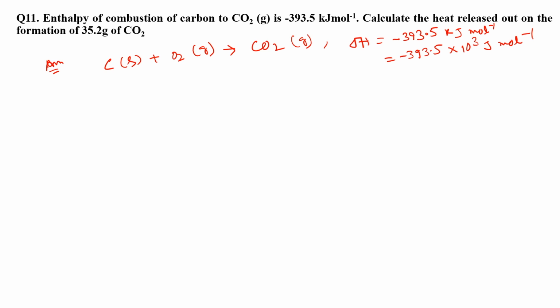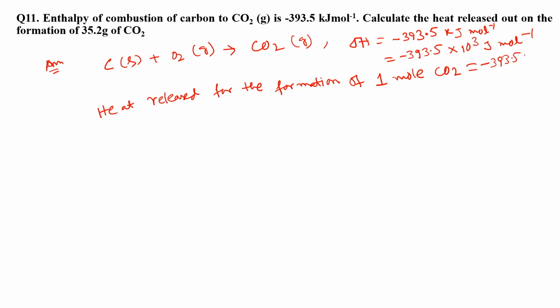This is the value of delta H. So, heat released for the formation of 1 mole of CO2 is minus 393.5 times 10 to the 3 joule per mole. Now, 1 mole means 44 grams of CO2.